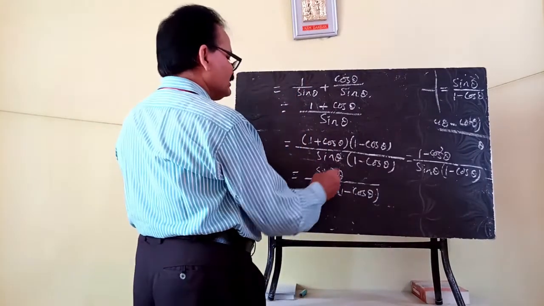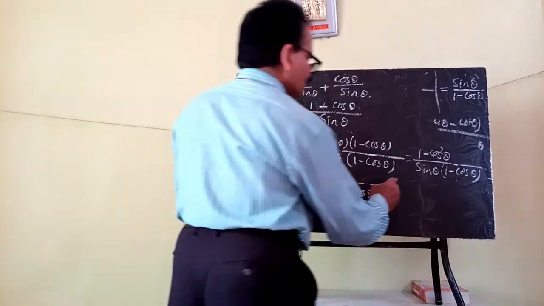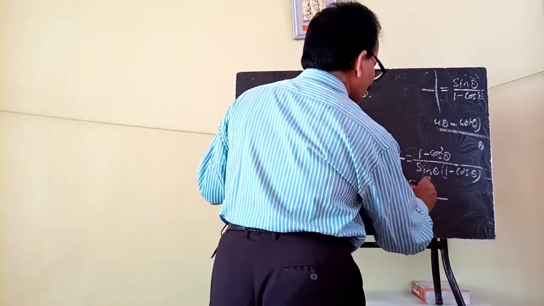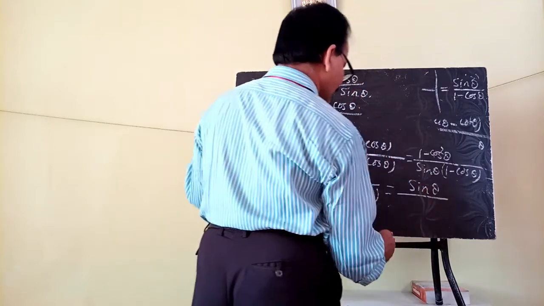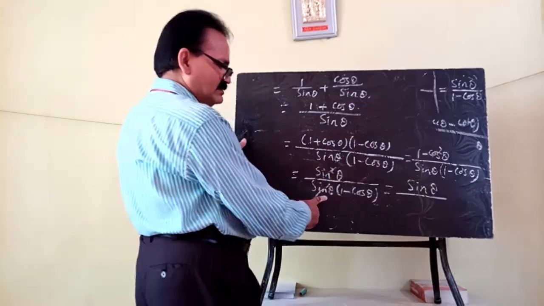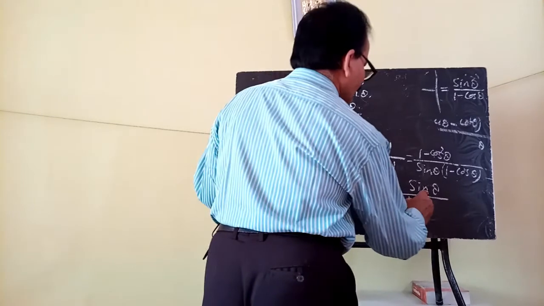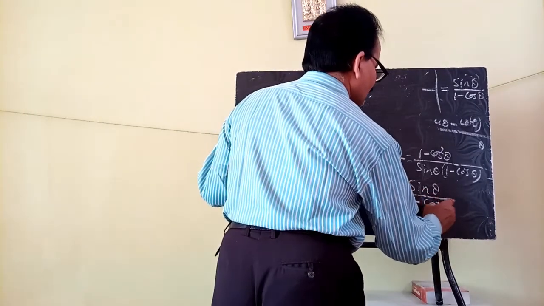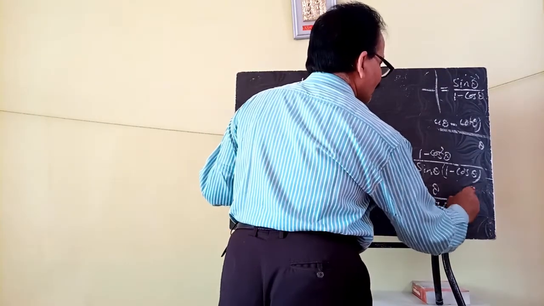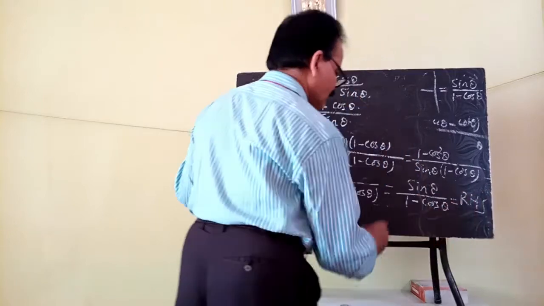Clear? Sin square theta and sin theta cancel, so in the numerator only sin theta will be left, and only 1 minus cos theta will be in the denominator. This is your final RHS, hence proved.